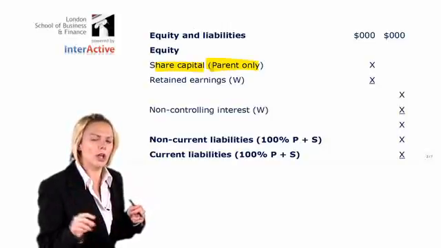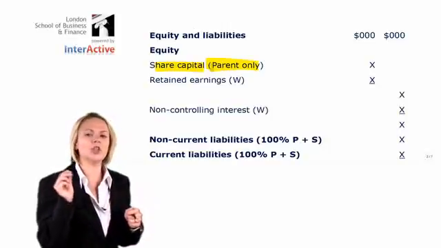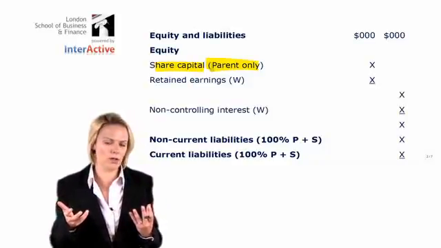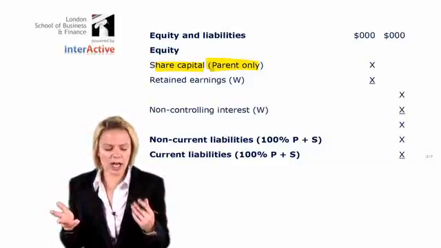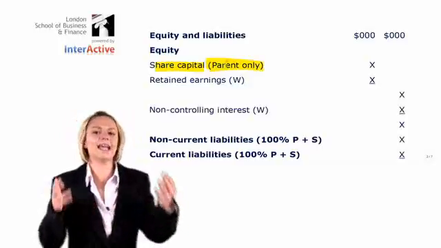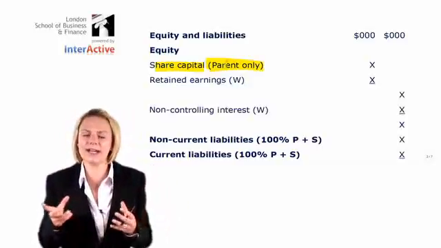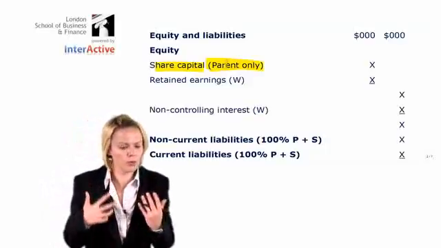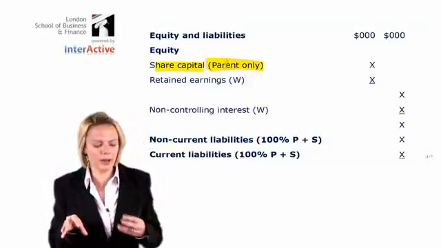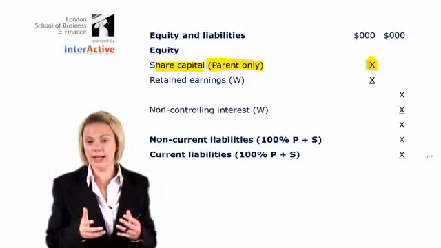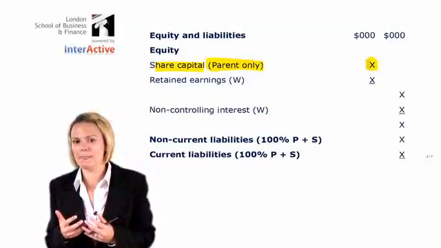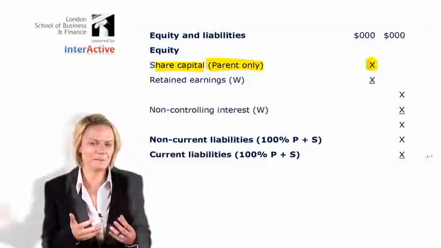And as such, it's only going to be the parent shares that they're going to be interested in, the parent shareholders. So the parent shareholders will only be interested in their share capital that they've invested, and also any share premium. So the rule is share capital and share premium is parent only, because we're preparing these accounts for the owners of the parent shareholders.